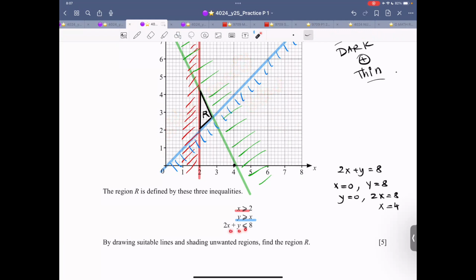And again, lesser means below is wanted, so below the green line is wanted and above the green line is unwanted. Therefore, we get this closed region for 5 marks. Basically, 3 marks for drawing the lines, or maybe 1 mark for this, 2 marks for this, 2 marks for this, and automatically the right region will come along.